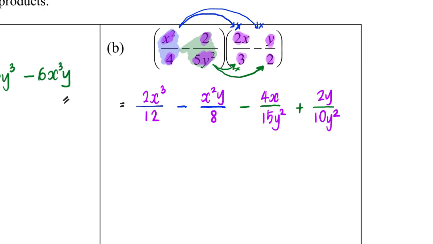And from here, we are going to apply what we have learned about simplifying algebraic fractions. But before that, I do see that the very first term here, I can divide by 2, left 1, divide by 2, left 6.